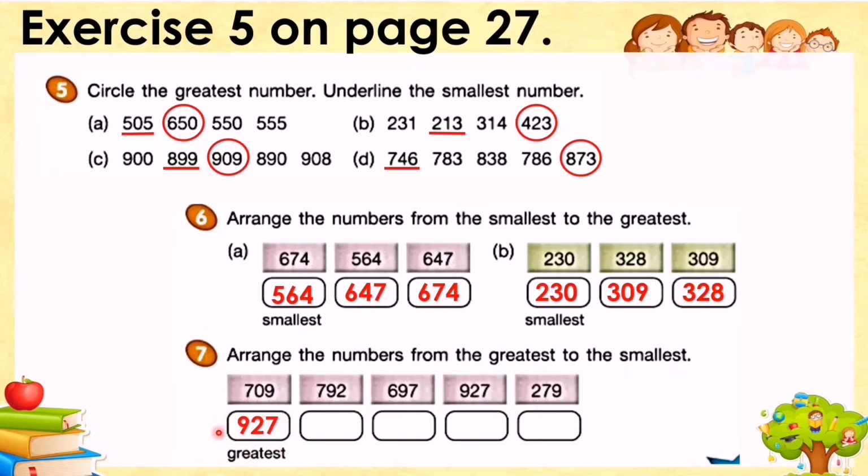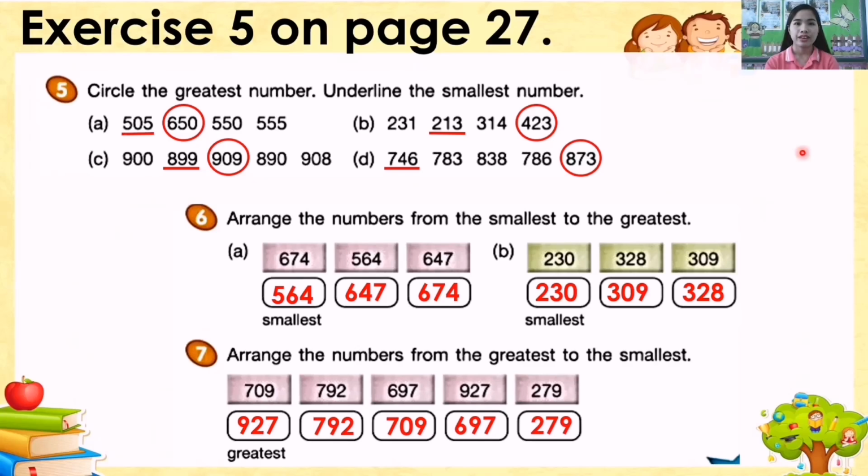You will write it in the first box, followed by 792. Next, 709, 697, and the smallest number is 279.